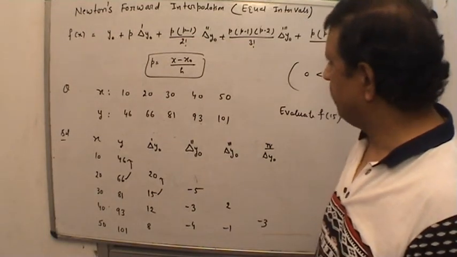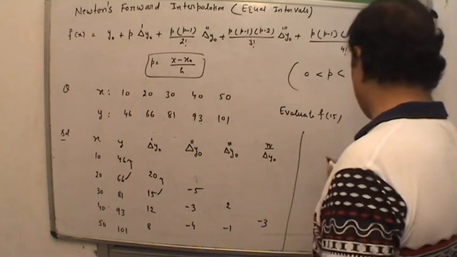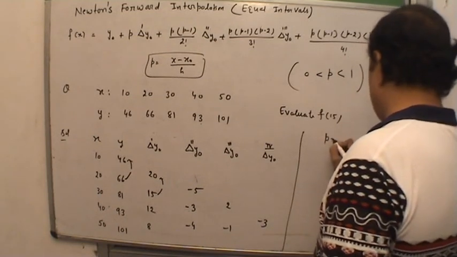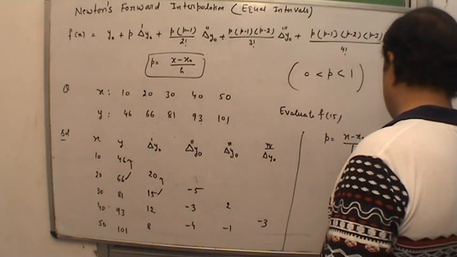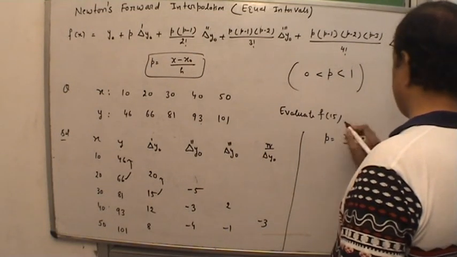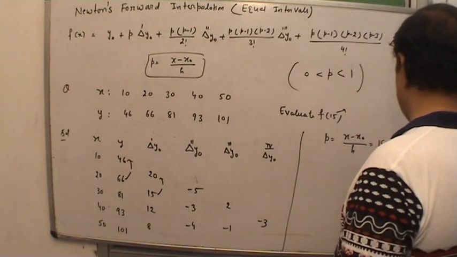How do we decide the values for the formula? First of all, we find p. P is equal to x minus x0 divided by h. What is x? It is the point of interpolation, 15, minus x0.